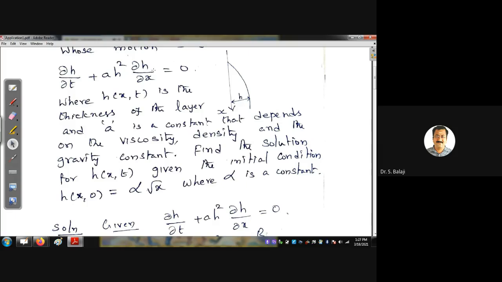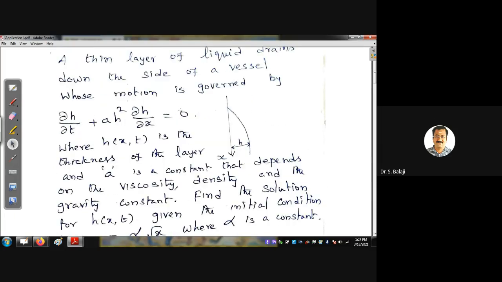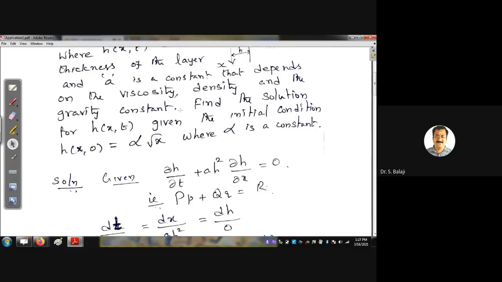So we are solving this equation to get how the thickness of the liquid behaves when it drains down the side of the vessel. Then what will be the thickness, and how long, of the liquid that you are going to identify here.